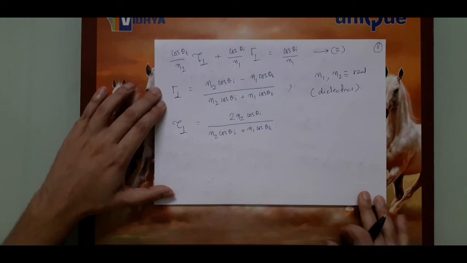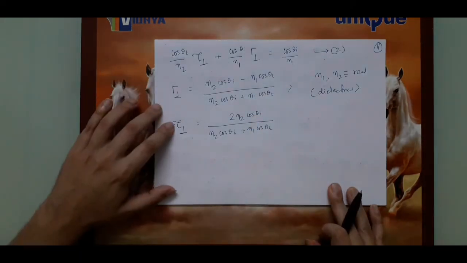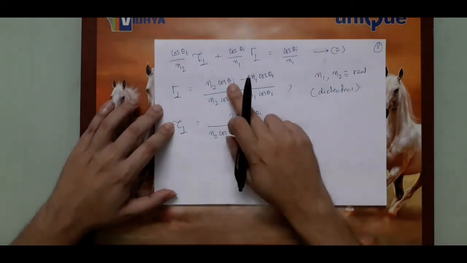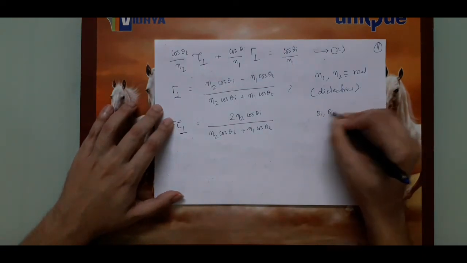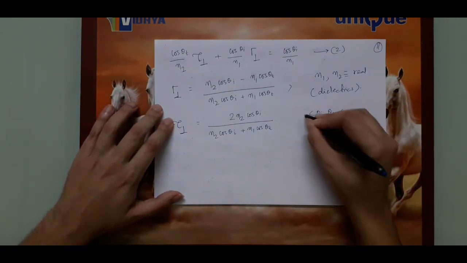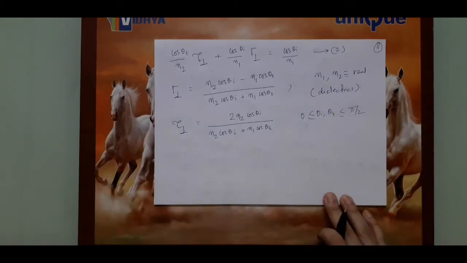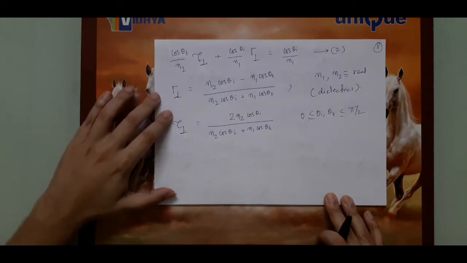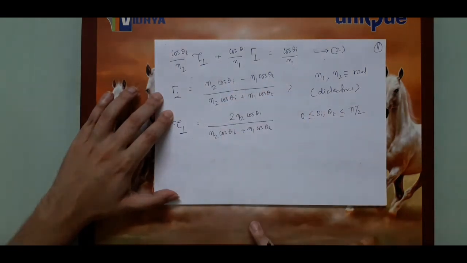So we can say, by looking at the nature of gamma, theta I and theta t are always limited to 0 to pi by 2, because that is the range of the incidence angle, the reflected angle, and the transmitted angle. So because of this condition, all the cos terms will be positive.